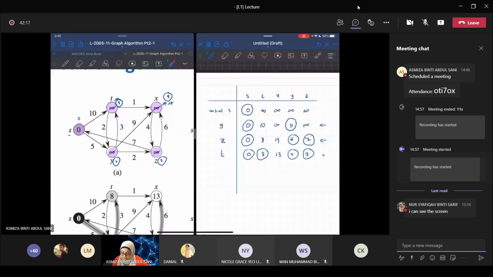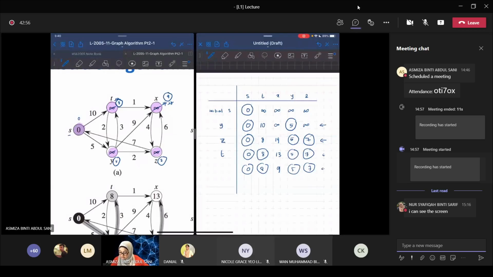And from here, the distance we have, which is 8, we can get to X through this edge, 8 plus 1, which is 9. So we found a shorter distance to X, and we can update it to 9. The rest we just copy back: 0, 8, 5, 7. And again, we keep track of the processed node.